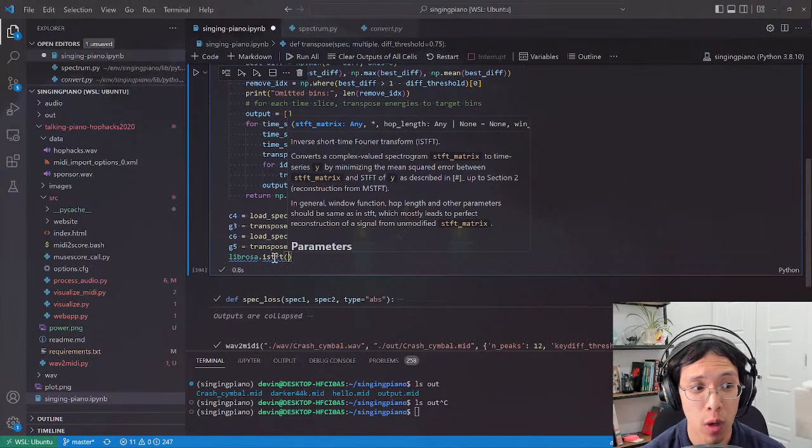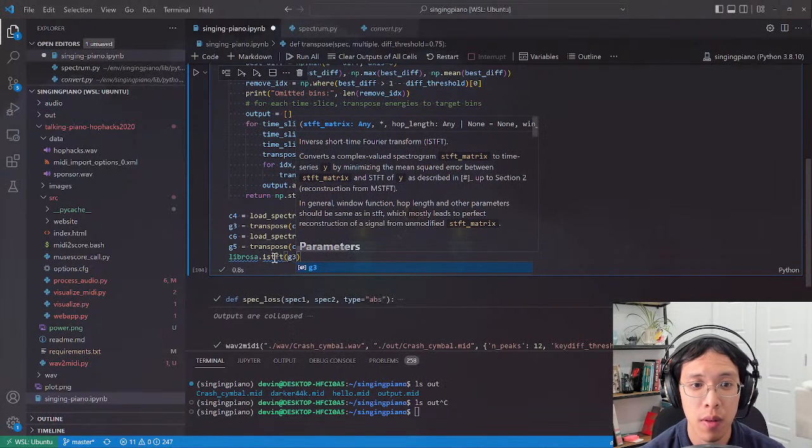You just work directly on waveforms. Although that's got its own problems because waveforms just take so much data, right? You're sampling at a rate of 44,000, or even with the reduced sample rate, 22,000 samples per second. That really adds up over time. So anyway, STFT matrix, that would be our G3 and G5.